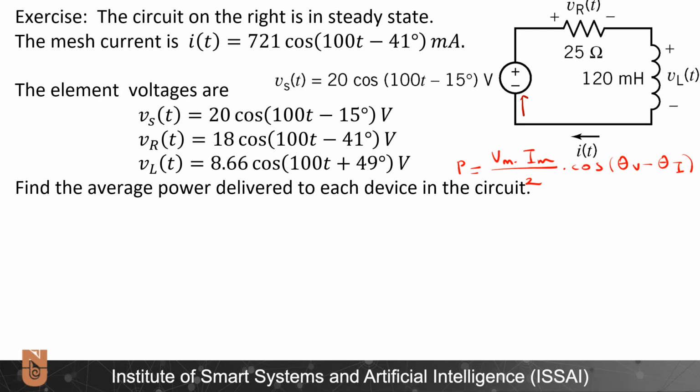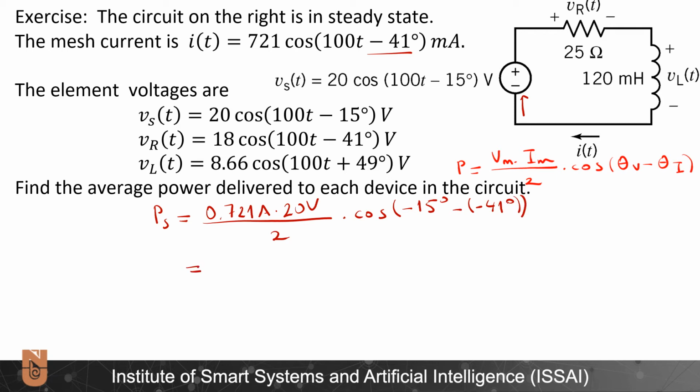Therefore, there will be power supplied by the voltage supply, which can be found as PS is equal to 0.721 amperes times 20 volts divided by 2 times cosine theta V. Theta V is minus 15 degrees minus theta I, which is minus 41 degrees.